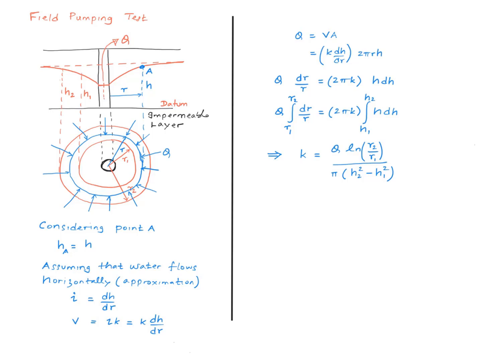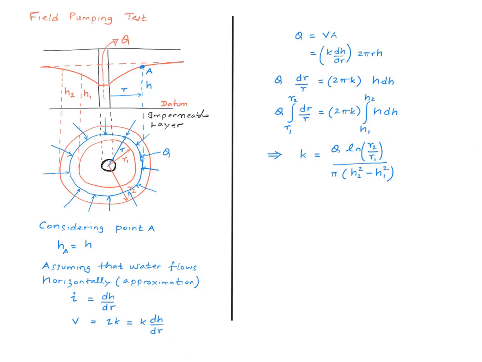And then by Darcy's law, the velocity is given by this equation, and the volume rate of flow is given by this equation. So here I am multiplying the velocity, which is this, by the surface area of the cylinder, which is 2 pi r multiplied by h.